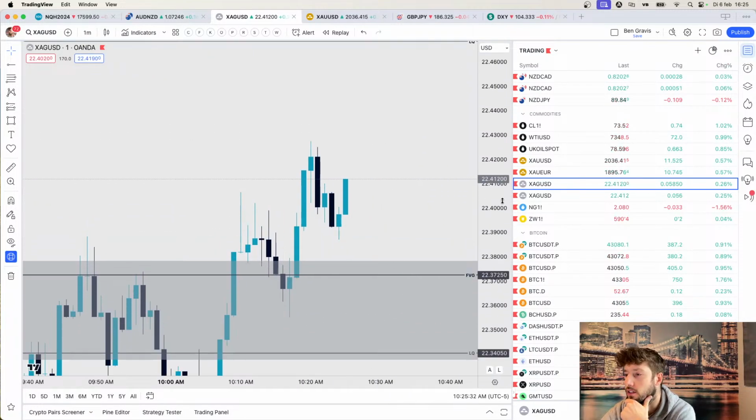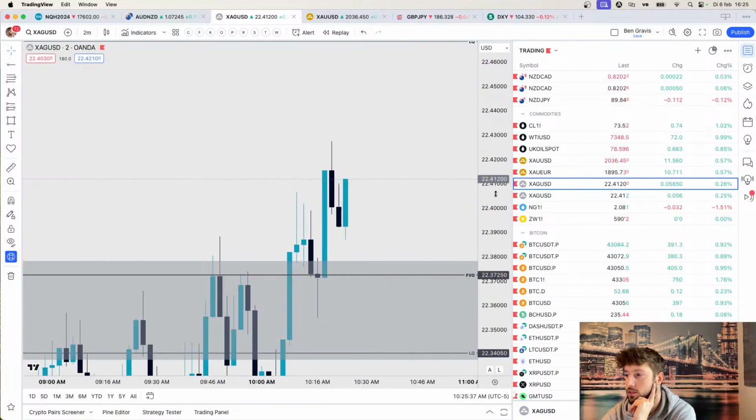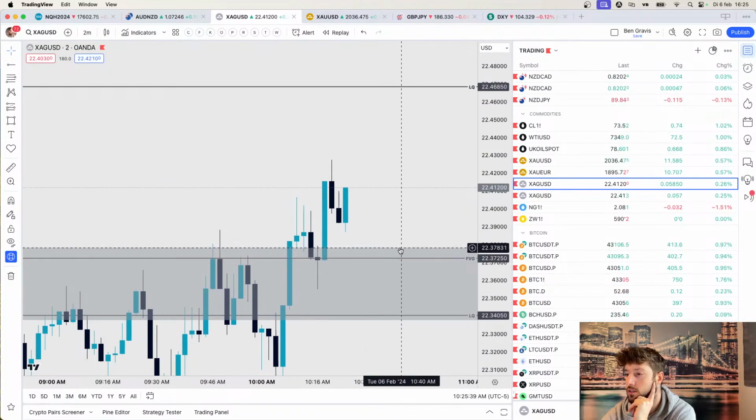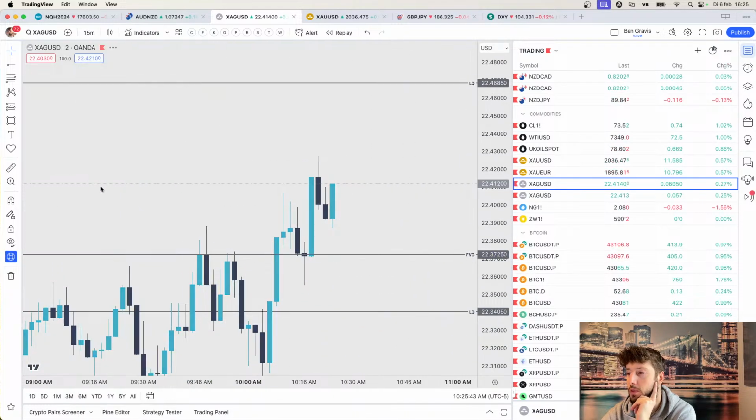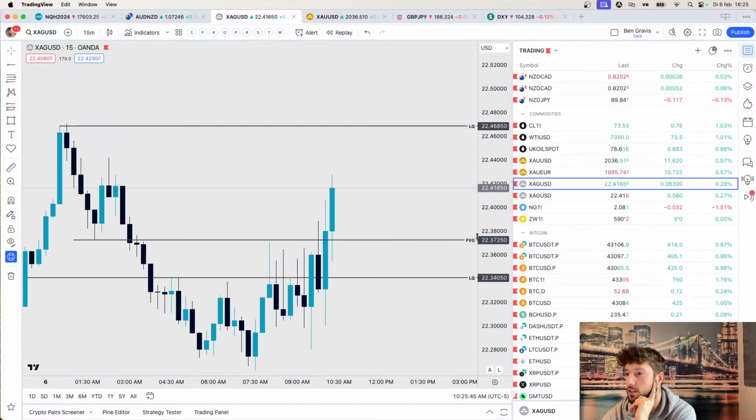looking for a silver long as well, but that's not really giving me a setup. But will most likely go towards the high here.